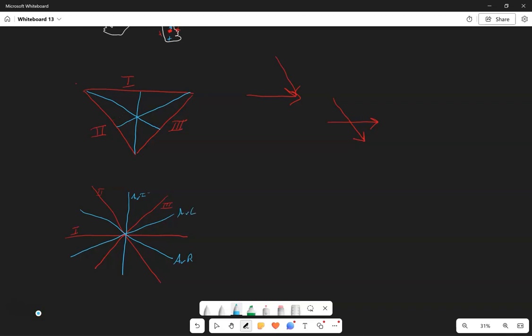Okay, and this whole structure here is known as the cardiac axis wheel.